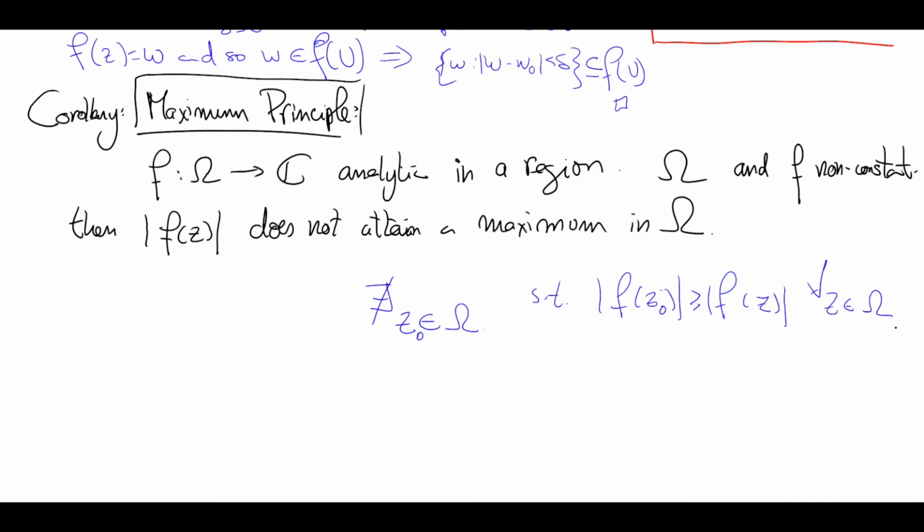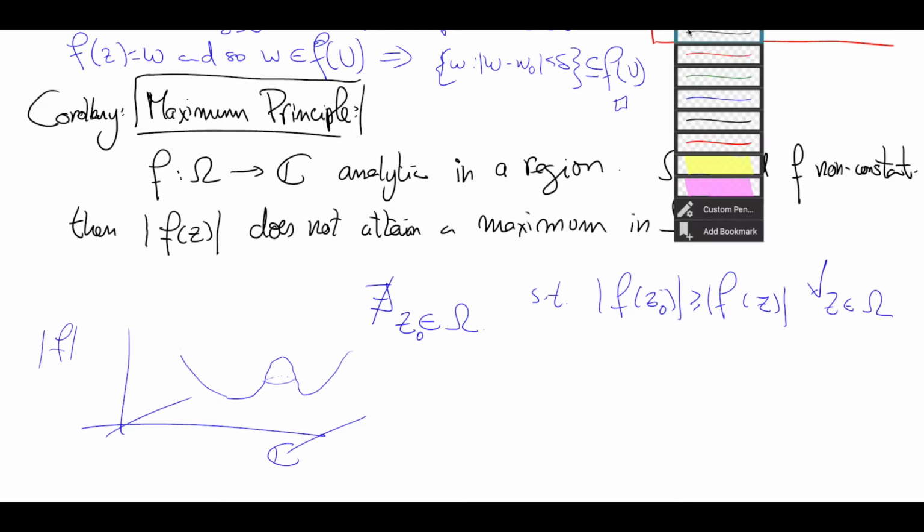So if you imagine that I plot the absolute value of f over C, and I have a little mountain here, I also can't have this kind of picture.